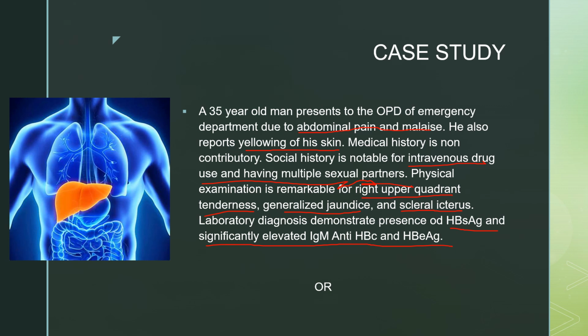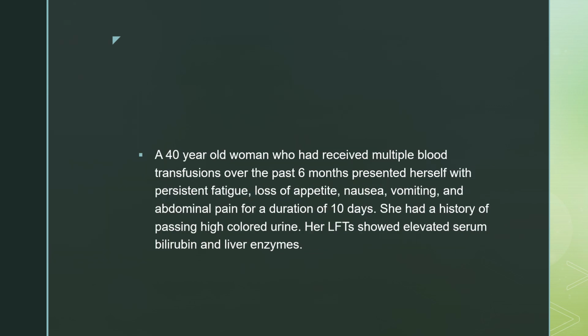Now this is given as a detailed question. So how about if this much detail is not given? For example, in this case, a 40-year-old woman who had received multiple blood transfusions over the past 6 months presented with persistent fatigue, loss of appetite, nausea, vomiting, and abdominal pain for a duration of 10 days. She had a history of passing high-colored urine. Her LFTs showed elevated serum bilirubin and liver enzymes.